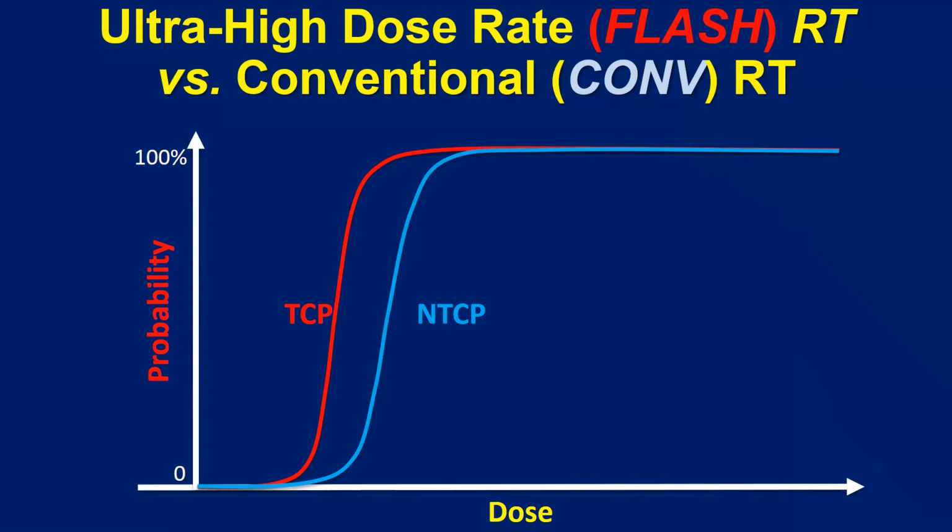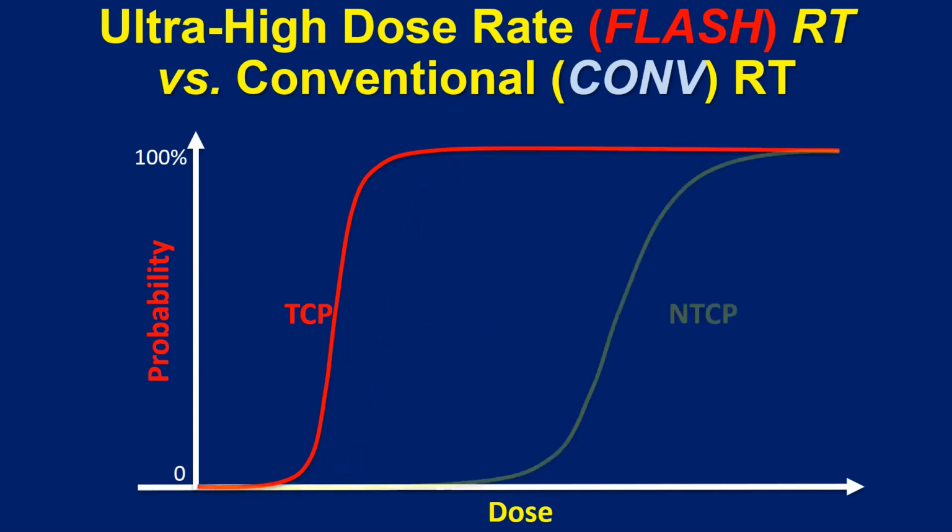So we have the so-called therapeutic window between the two curves. It allows us to pick a dose that will produce a good TCP with an acceptable NTCP. Now imagine if we can keep the TCP curve at the same location while pushing the NTCP curve towards the high dose side.